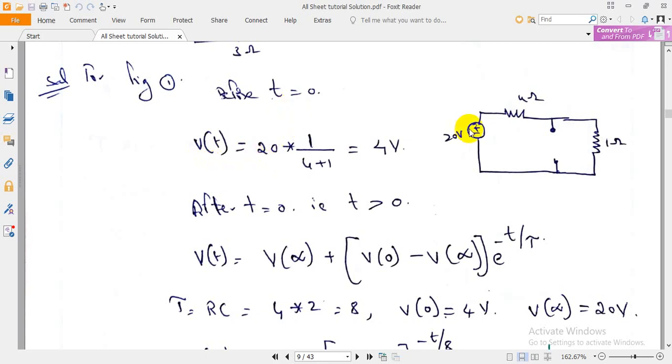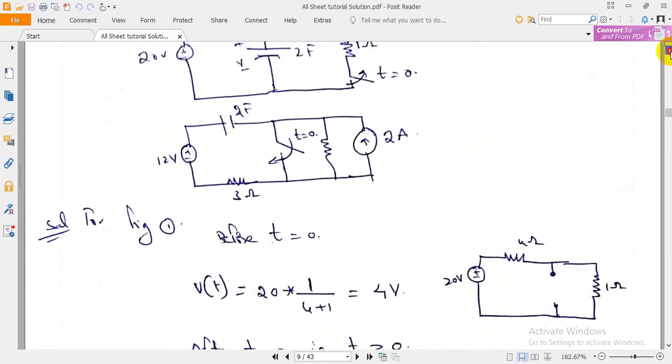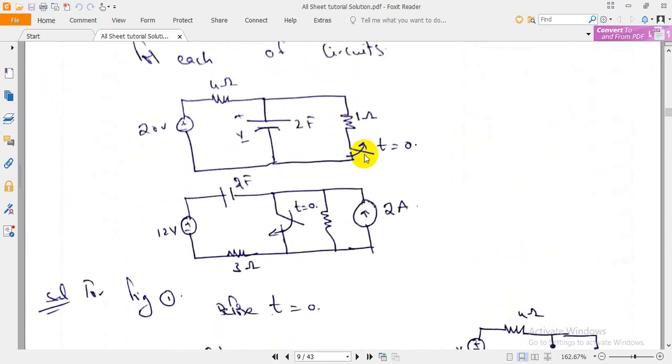So when t is less than 0, what about the switch? This is the circuit. The switch is closed. For a long time the switch was closed, and at t equal to 0, it is open.